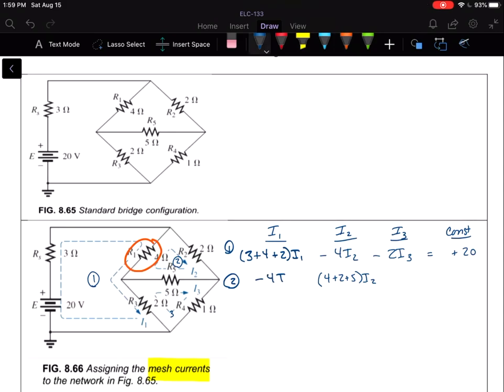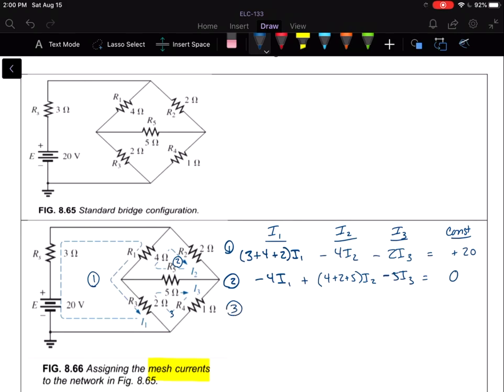So minus 4 I1. And then we're going to subtract whatever I2 and I3 have in common, which happens to be this 5 ohm resistor right here. And then on the right hand side will be any voltage source connected to that second mesh, which there is none, so that would be 0.